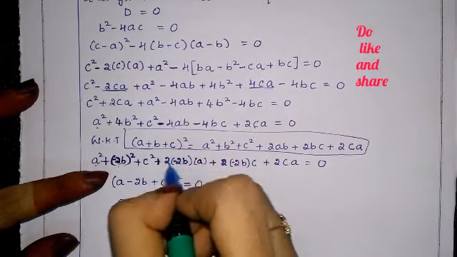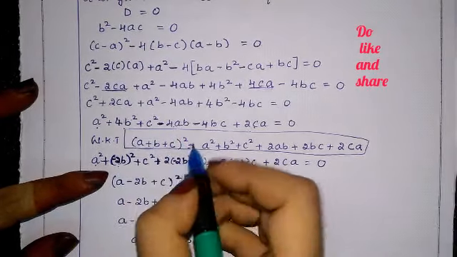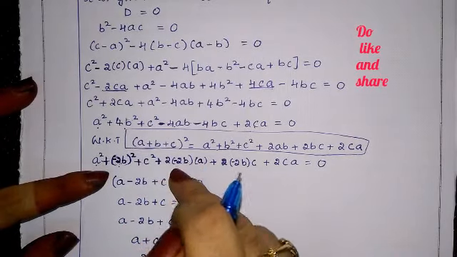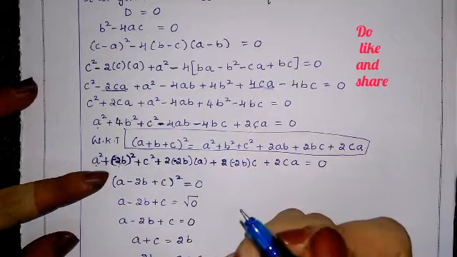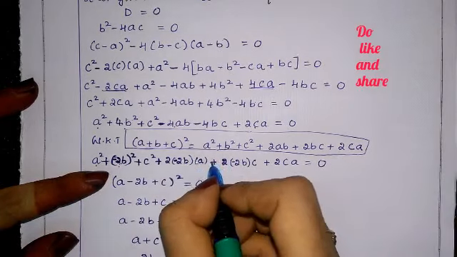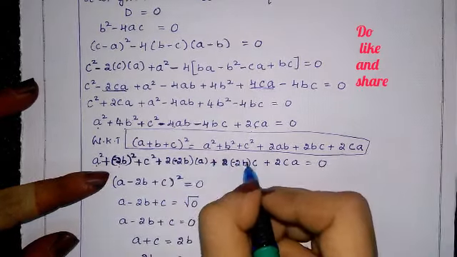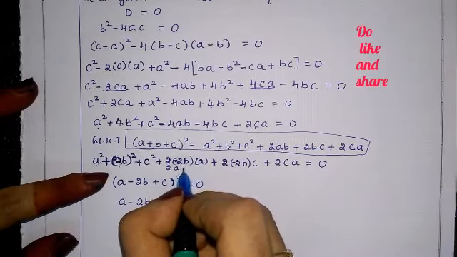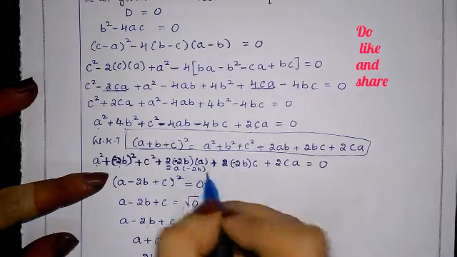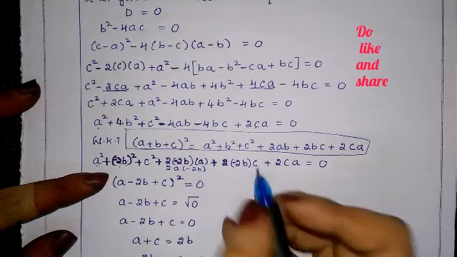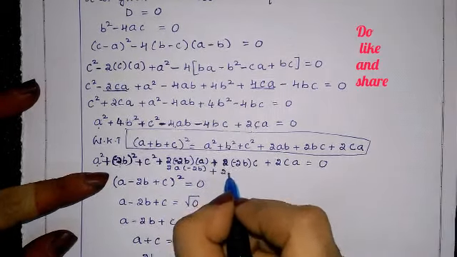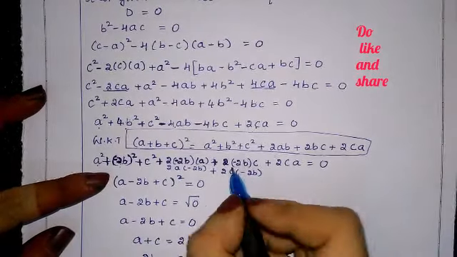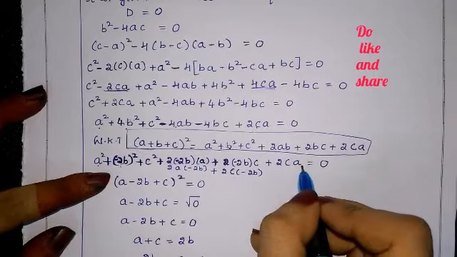Now here also plus 2ab. If you solve here you will get 4ab only, but we need the formula form, so we have changed it into the formula form. In the b place I wrote minus 2b and a as it is. Then 2ab, you can write it like this also, or here plus 2c into minus 2b, like this also you can write, one and the same, plus 2ca as it is.